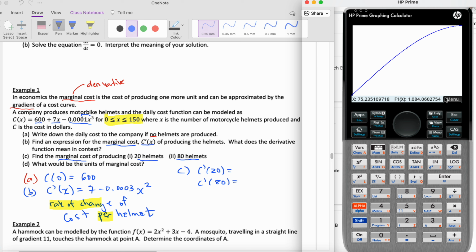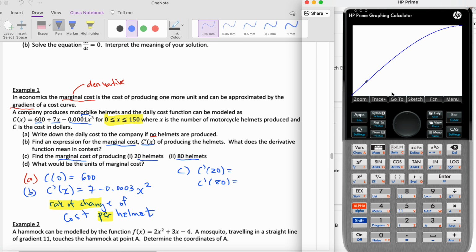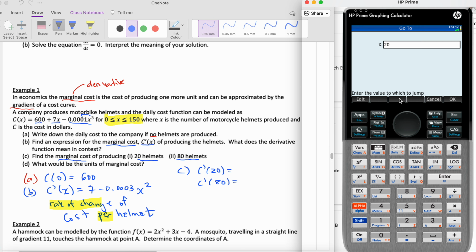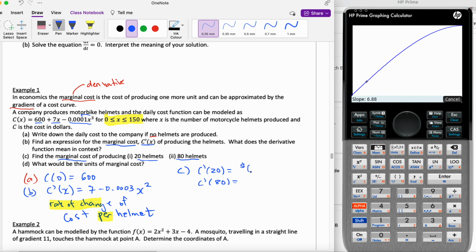We've done this before, so I'm just going to go to 20, and then ask for the slope there. Go to 20, then function, slope, and we get 688. What this means is that the marginal cost is 688 per helmet.